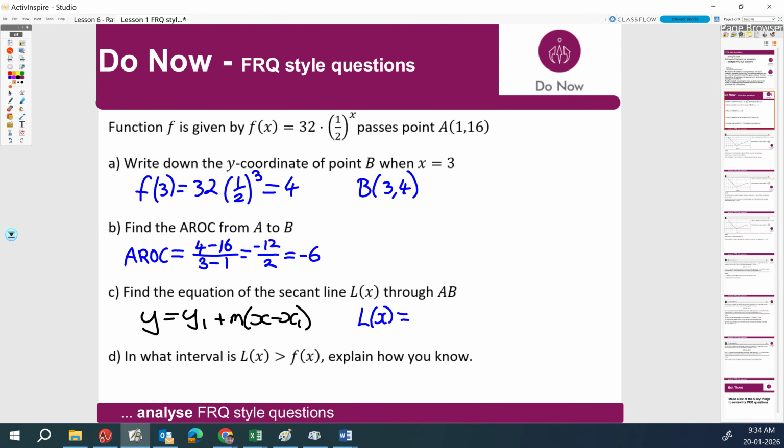So I can say 16 plus m, which is minus 6, so plus negative 6, bracket x minus, and for the point I use point A. This is the equation of the secant line through AB. You can, if you want, open up the brackets and rearrange this. We open up the brackets and we're going to get minus 6x plus 22.